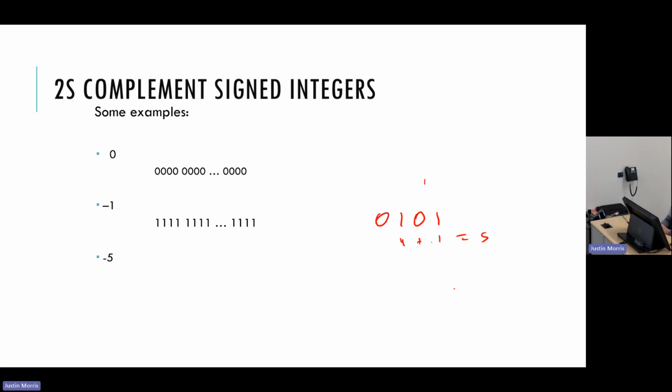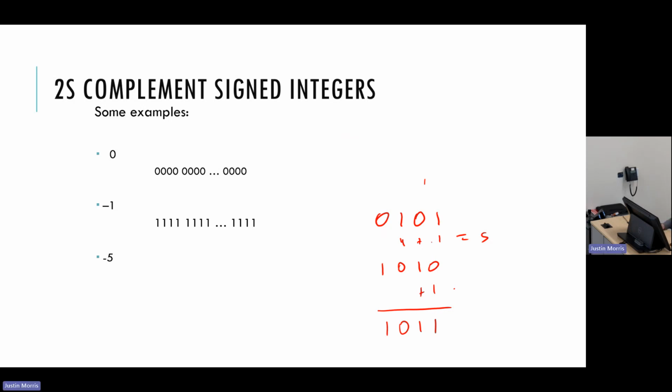So the next step to make this negative 5 is invert it first, right? So 1, 0, 1, 0. And now that I've inverted, next step is add 1 to it, right? So plus 1, I have 1, 0, 1, 1.